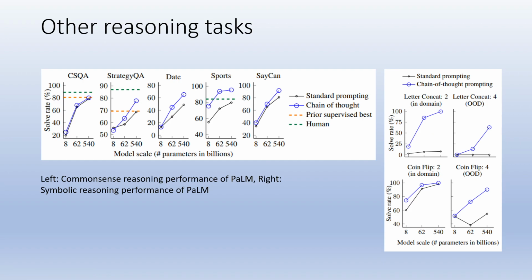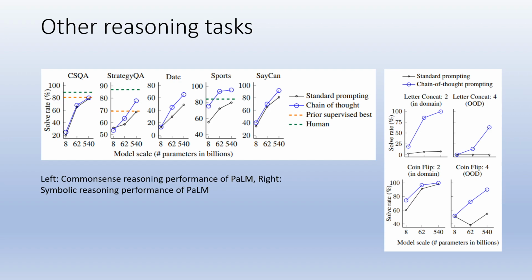Similarly, in the second one, while we see standard prompting performs pretty okay, chain of thought prompting is better. And in the second column, which is out of domain, the exemplars given in the prompts are two-step exemplars, and the test is actually for four steps.